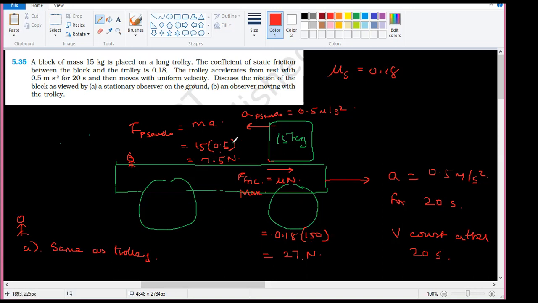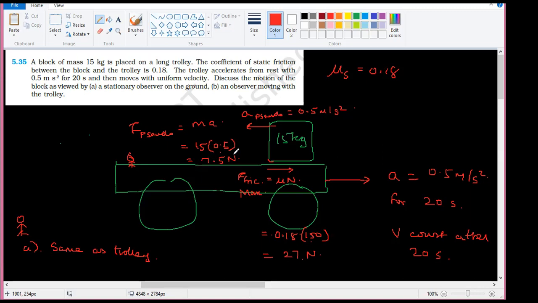How come there is 7.5 Newton acting backwards? Then how come it's not going backwards? Nobody is awake.